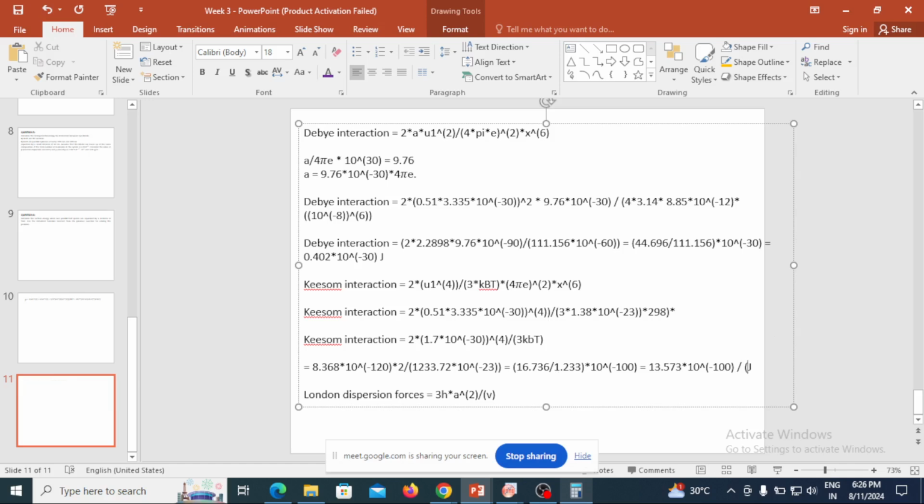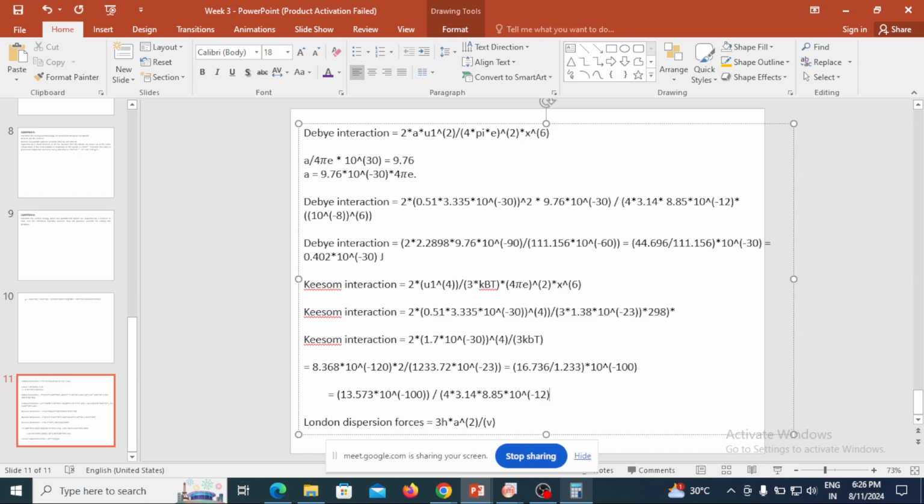So this will be divided by 4 pi, that is 3.14, epsilon is 8.85 times 10 to the power minus 12, whole squared, times x power 6, so 10 power minus 8 the whole power 6, that is 10 power minus 48.